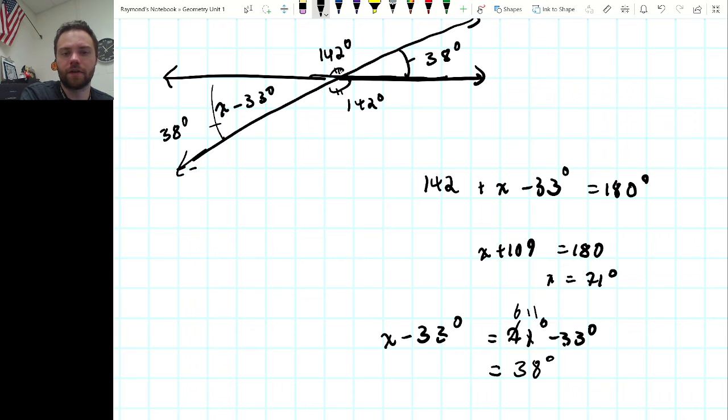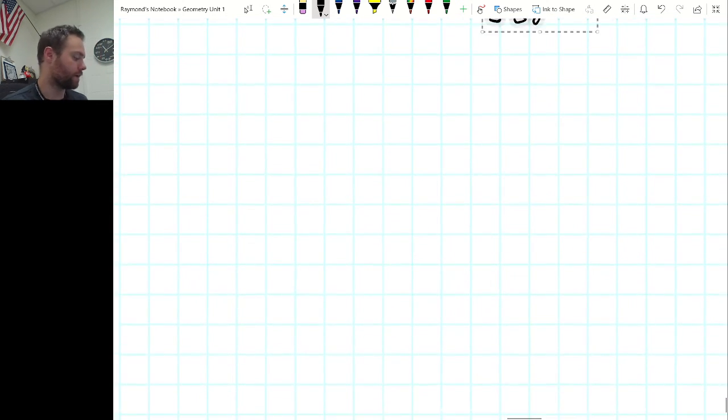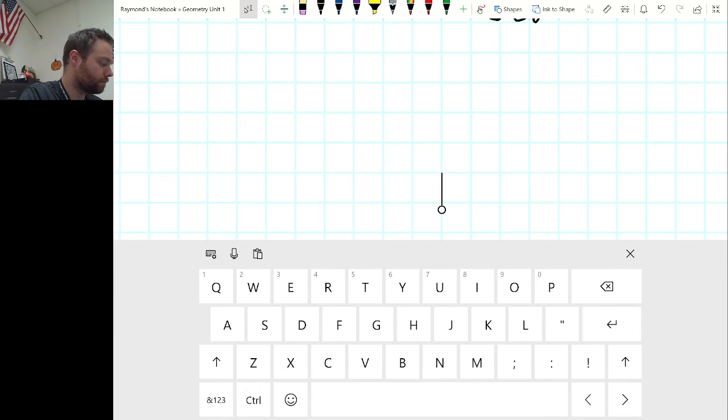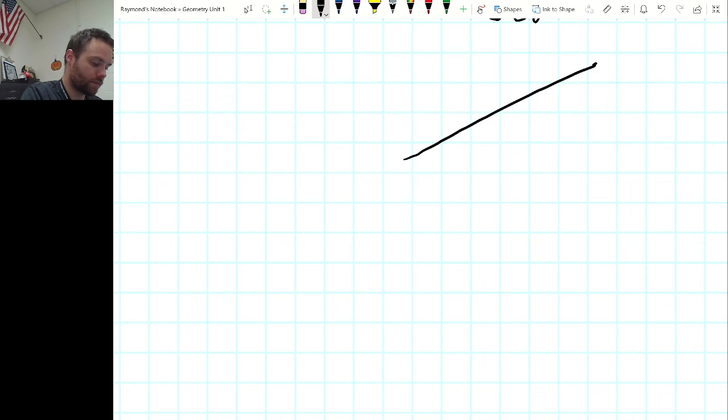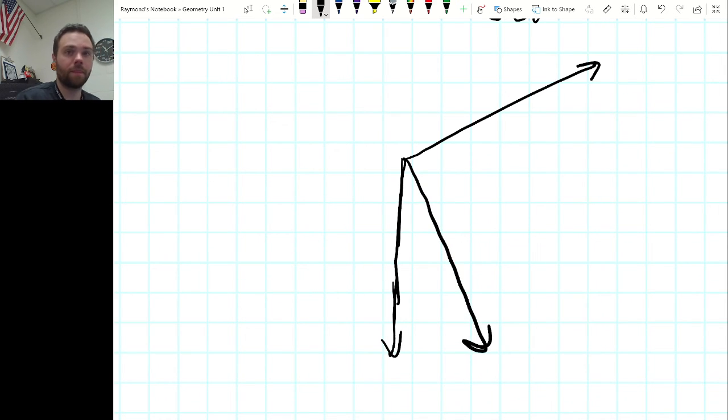So you can start to find all sorts of measures just by figuring out two angles add up together to be something. And then we've got one more to do. We've got this guy. Some ray pointing that way, and a ray pointing out this way, and then a ray pointing out this way.